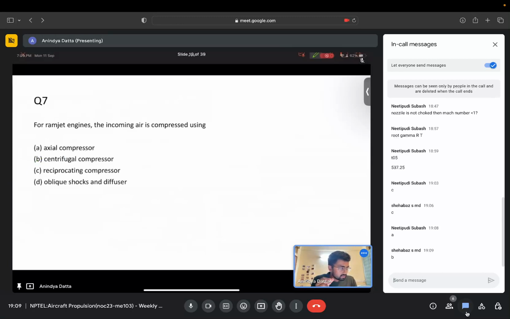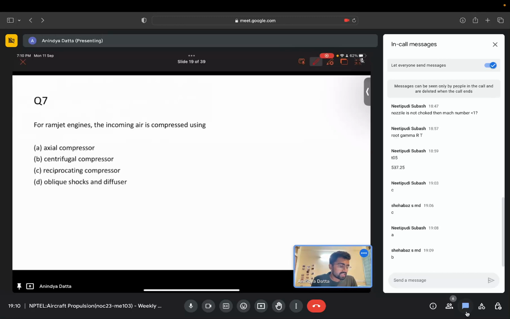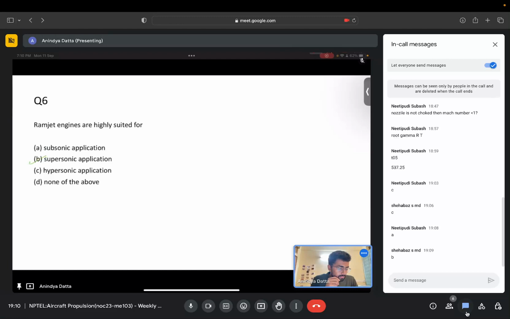Next question, again on ramjets. For ramjets, the incoming air is compressed using: axial compressor, centrifugal compressor, reciprocating compressor, option D oblique shocks and diffuser. Which is the correct answer here?